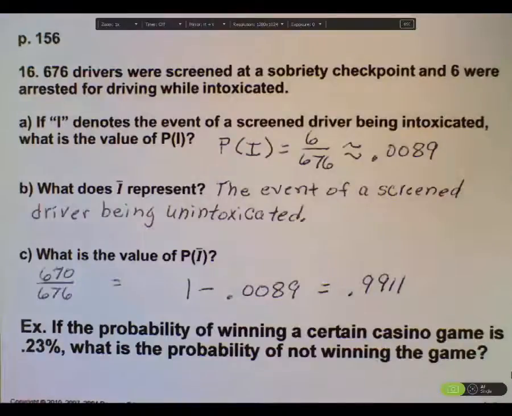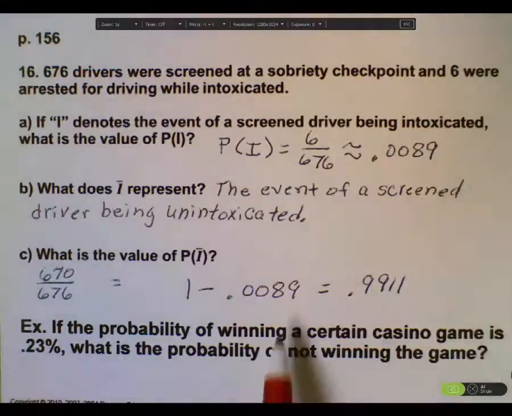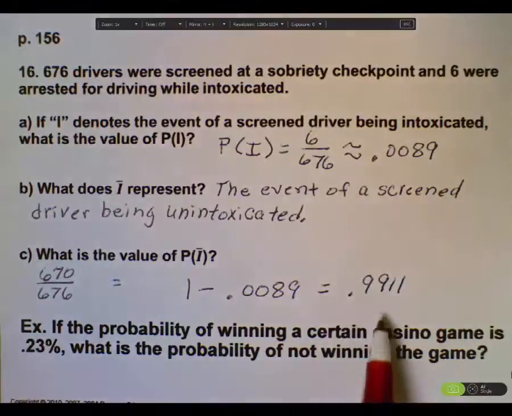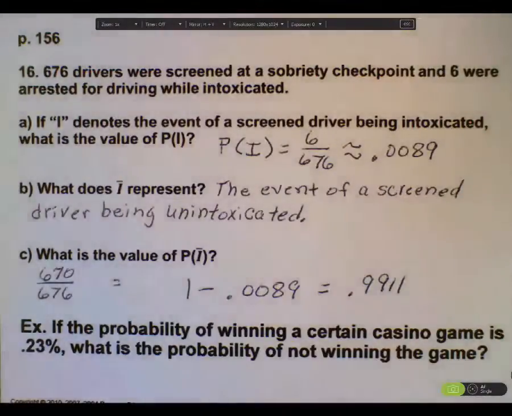So the probability that a driver is intoxicated is less than 1%. The probability that a driver is not intoxicated is a little over 99%. And these two together, added together, give you 1 because the probability of any event plus the probability of its complement should give you 1.